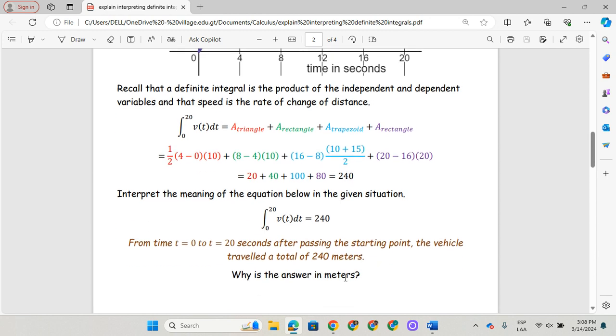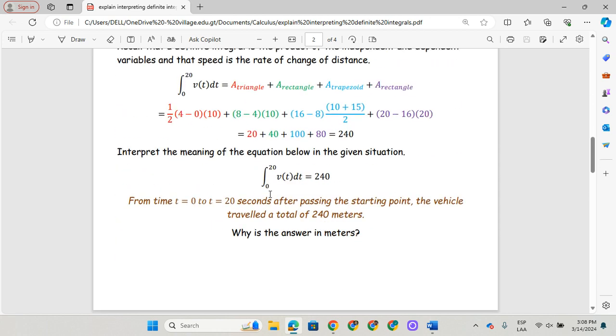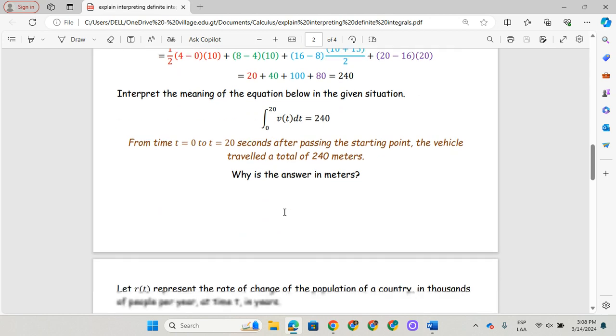Why meters? Well, it's because of these areas. We're multiplying the base, which is in seconds, times the height, which is in meters per second. So the seconds cancel and we get just meters. All right, next.